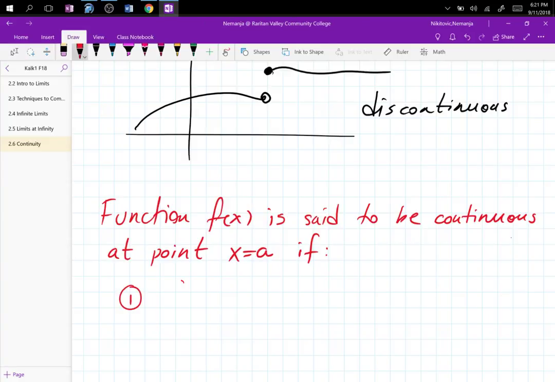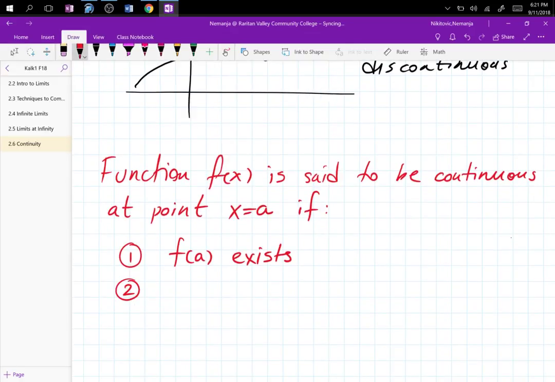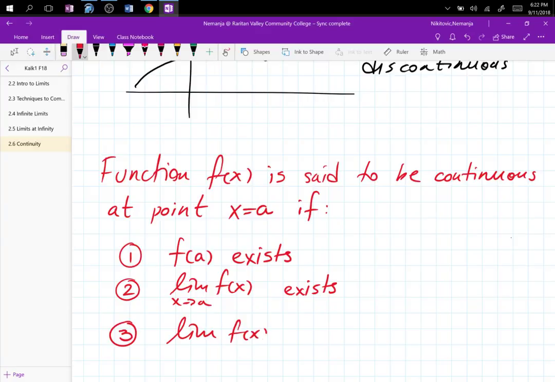Number one, f of a exists. Number two, the limit of f of x as x goes to a exists. And number three, the limit of f of x as x goes to a is equal to f of a. This essentially says that rule 1 is equal to rule 2, right? Rule 1 and rule 2 have to have the same answer.